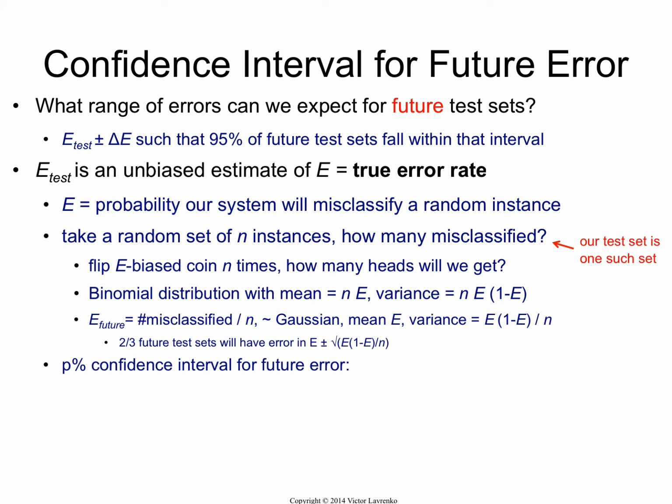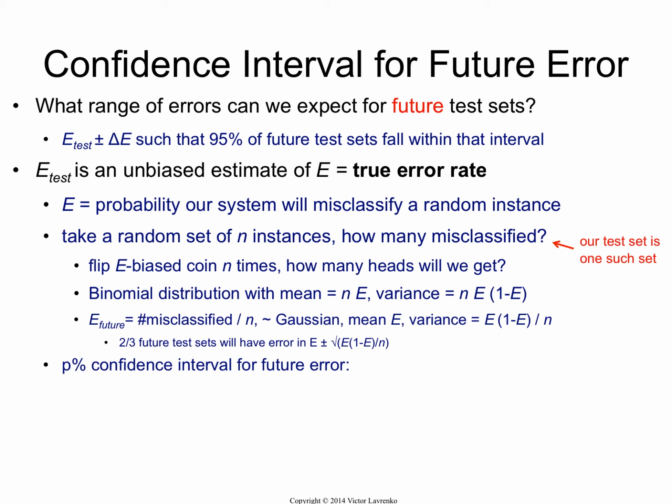So over all of those sets, the average number of misclassified is going to be nE, and the variance in the number of misclassified is going to be nE(1 minus E). So again, what I'm doing is I'm considering different sets of 100 items that could come in the future. So over those sets, the mean number of misclassified is nE, and the variance is nE(1 minus E). And by the way, our test set is just one of such sets.